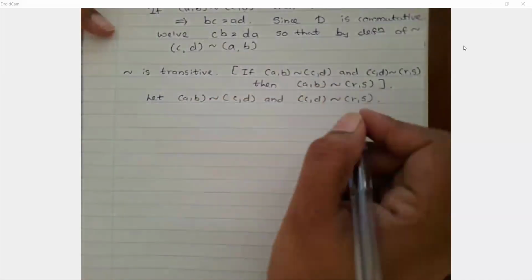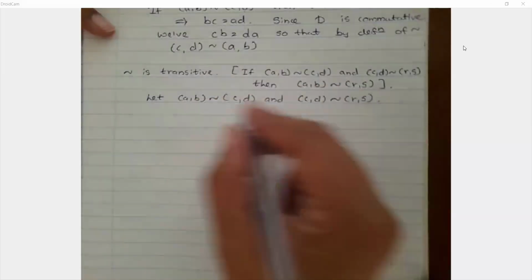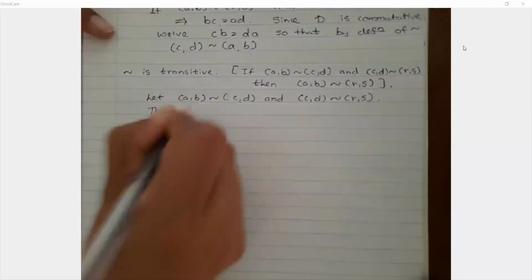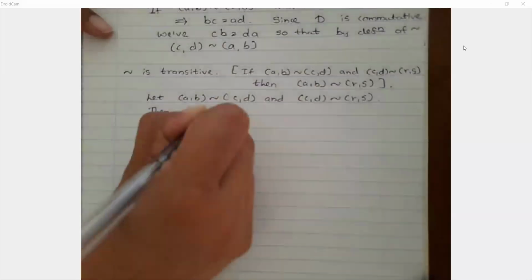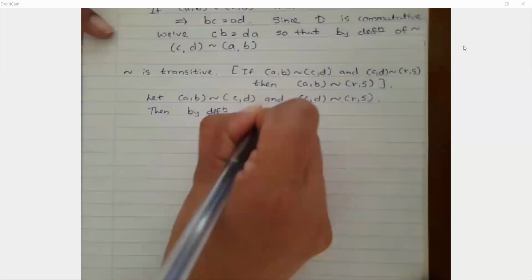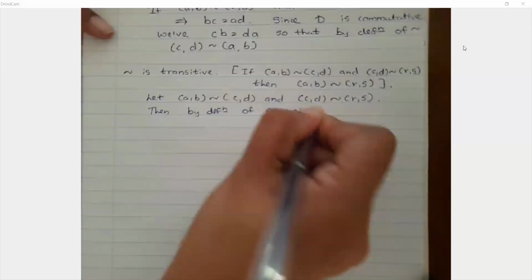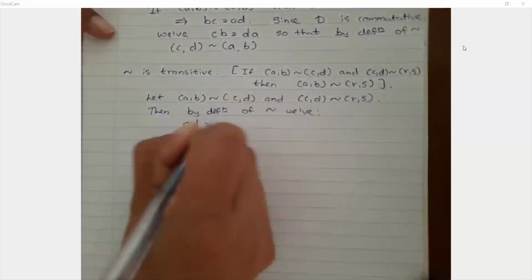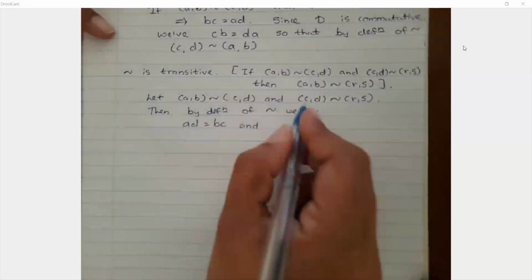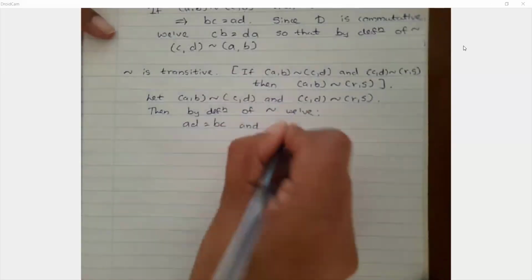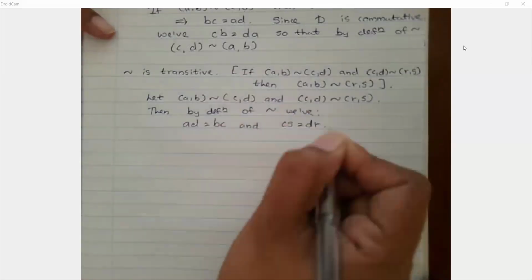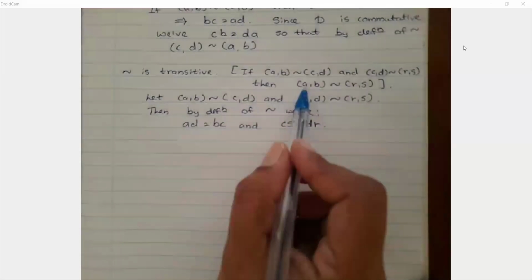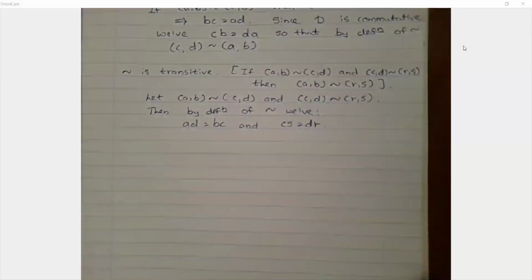Then from the definition of tilde, we have AD equal to BC and CS equal to DR, right? Now at the end, we have to show that AB is equivalent to RS.